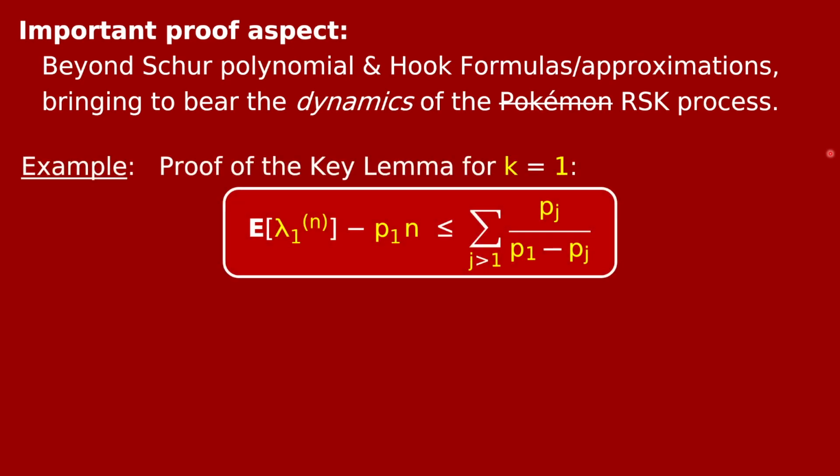So as an example, I'm going to tell you about the proof of the key lemma just in the case k equals 1. If we specialize to that case, we're trying to show that the expected value of the number of boxes in the first row when you do this RSK type process is close to P1 times n, and the difference is at most this sum of fractions, Pj over P1 minus Pj.